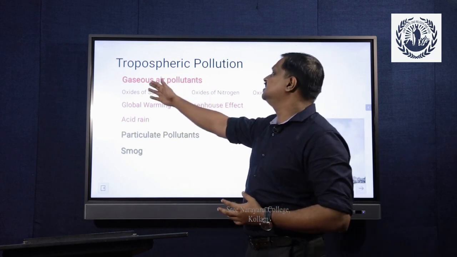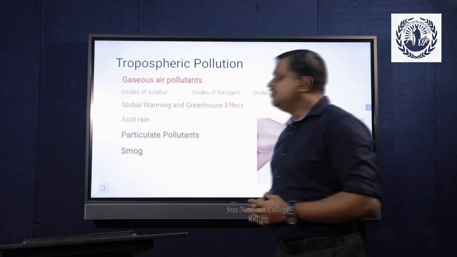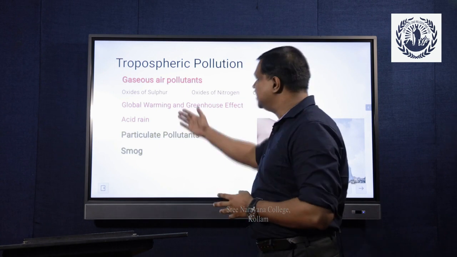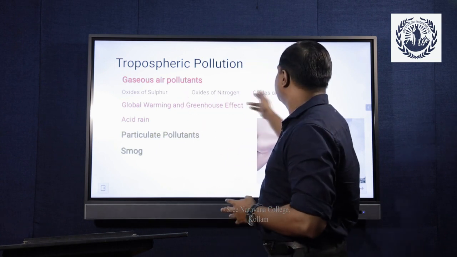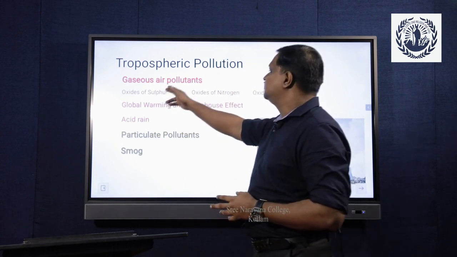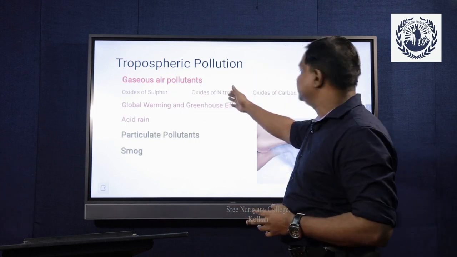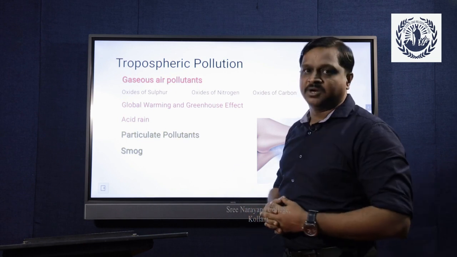First of all, we can say there are gaseous air pollutants. Which are the important types of gaseous pollutants being ejected into the atmosphere? You can see that the most important types of gaseous pollutants are the oxides of sulfur. Here come the oxides of nitrogen, and finally the oxides of carbon.